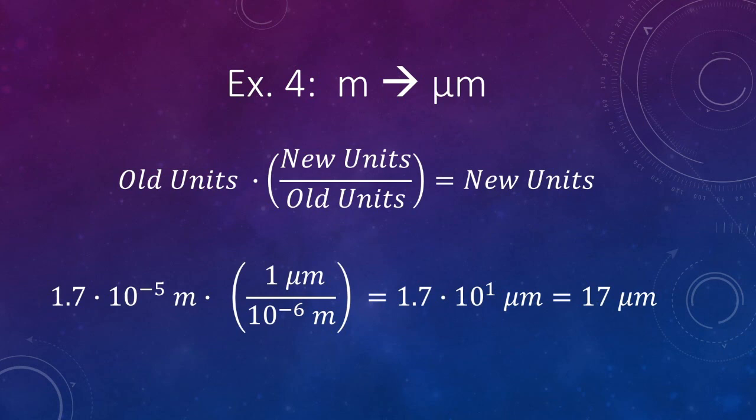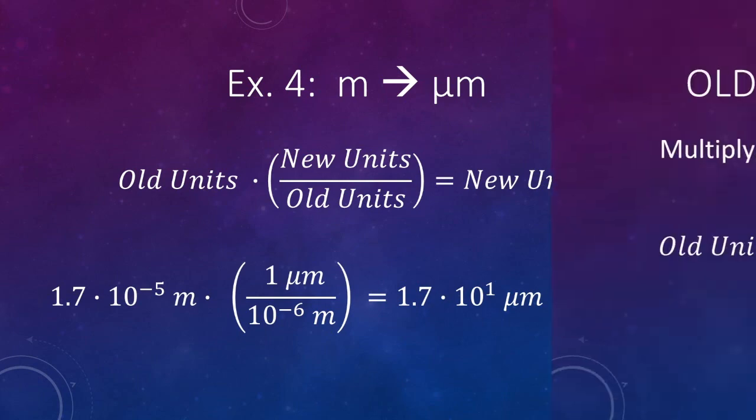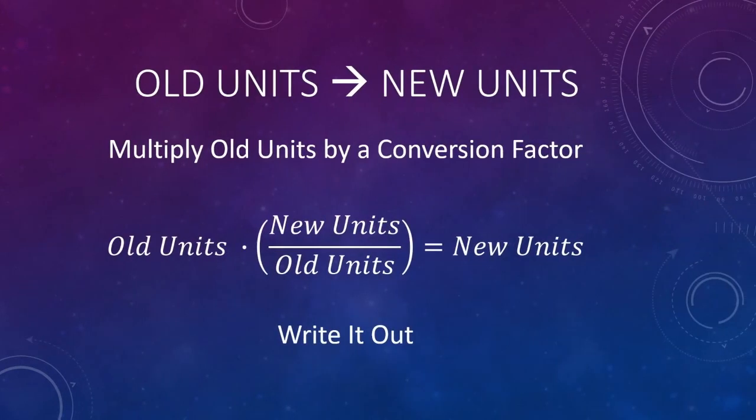Again, as you do these conversions, always think of it as you're multiplying your old units by a conversion factor, where in that conversion factor you have the new units on top and the old units on bottom, so the old units cancel out and you're just left with the new units on top.